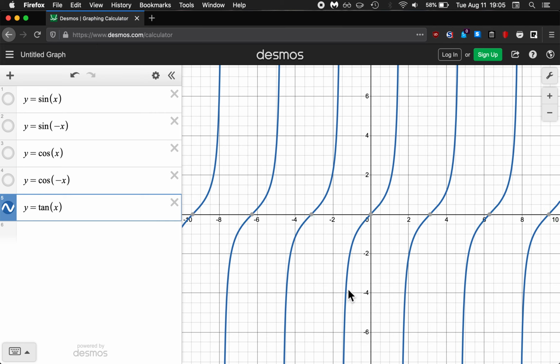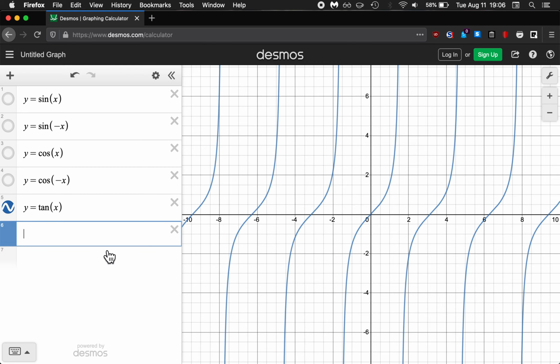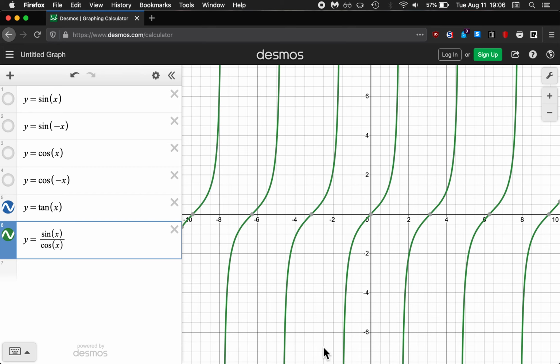You can see it's periodic as well, but this function has vertical asymptotes. The reason that happens is that the tangent function is exactly the same as taking sine of x divided by cosine of x, right? I can overlay that exactly on top of itself.